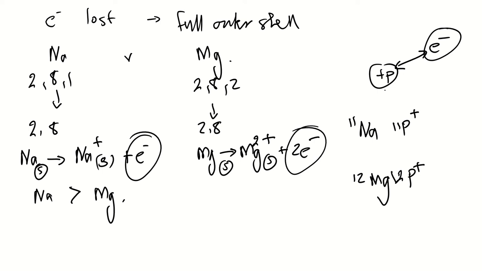Because we only have 11 positive charges here attracting the outermost electron, that means that outermost electron has a lower electrostatic attraction to the nucleus, and if that is the case, it is less strongly held, and therefore it takes less energy to remove it.